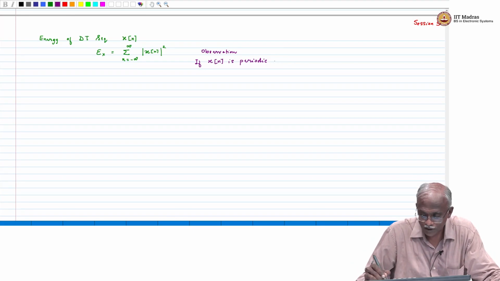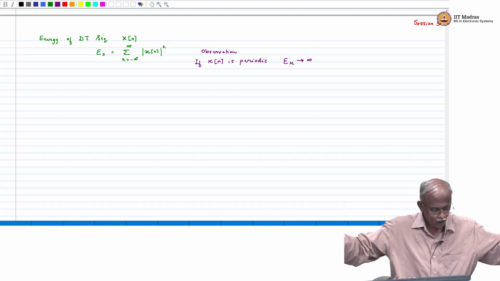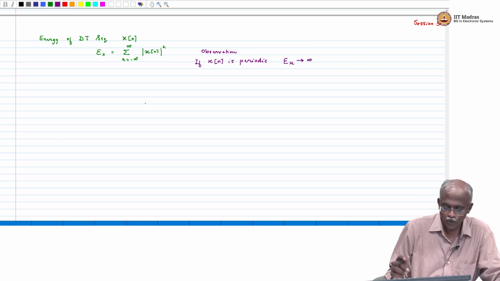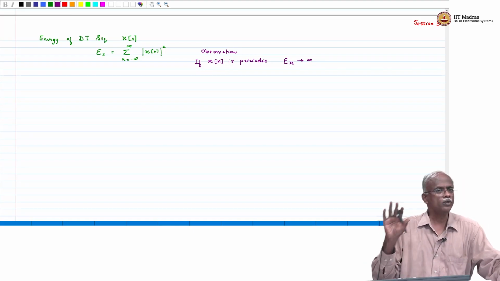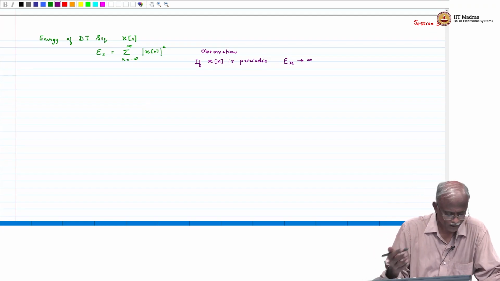So, if x of n is periodic, E of x will go to infinity. As n becomes very large, this signal is not dying down and you are just squaring and adding it. So, obviously energy is not a good definition or a good tool for periodic signals.